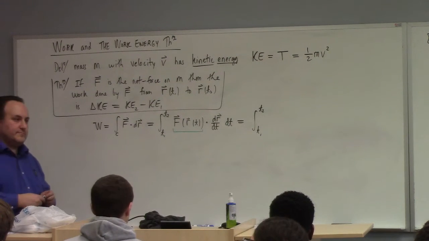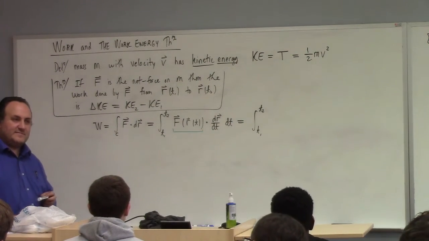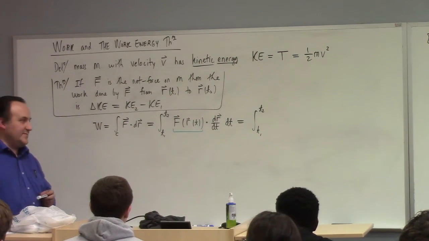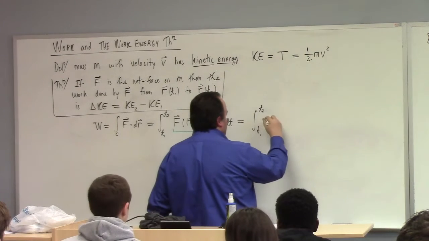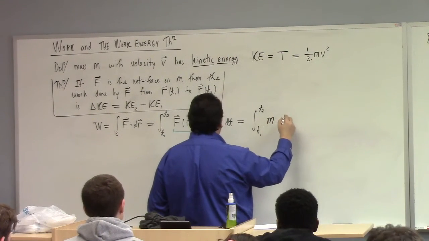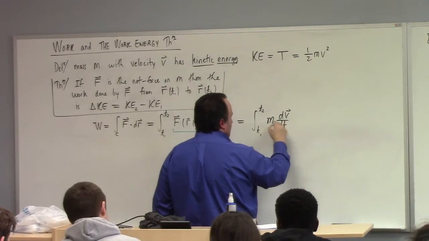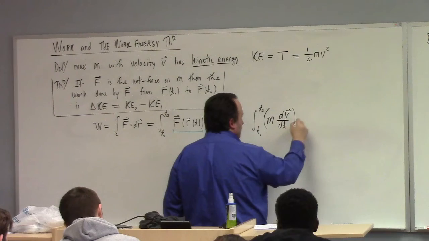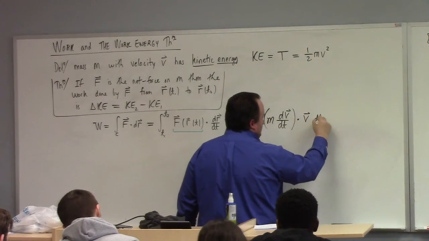There's some particular equation the net force satisfies. What is it? Mass times acceleration, right? Newton's second law. That's what makes this force different from all the rest, it's equal to m times a. But a is dv/dt, right? So you've got m dv/dt dotted with what? Well, dr/dt is v, dt, right?